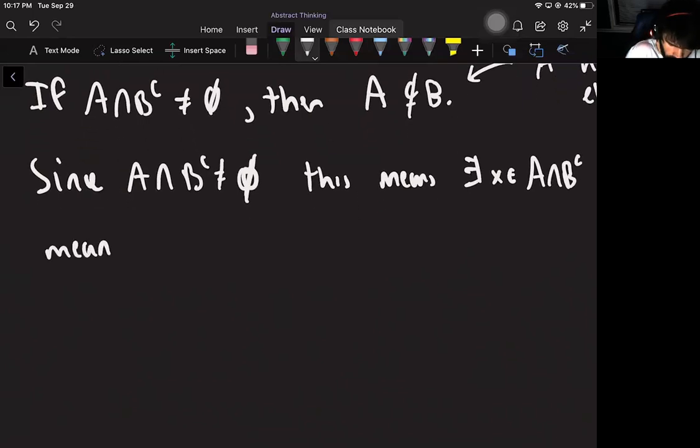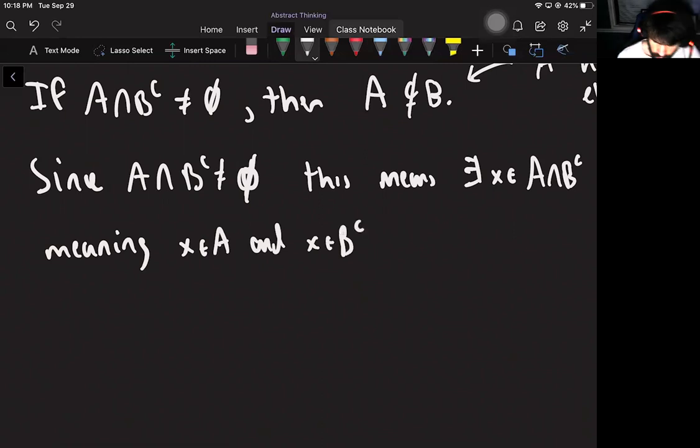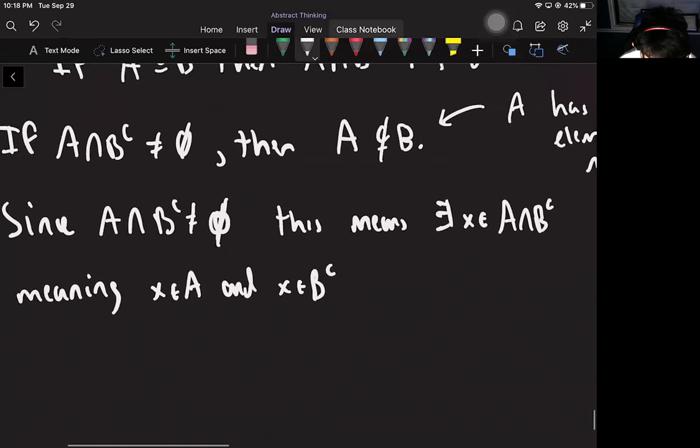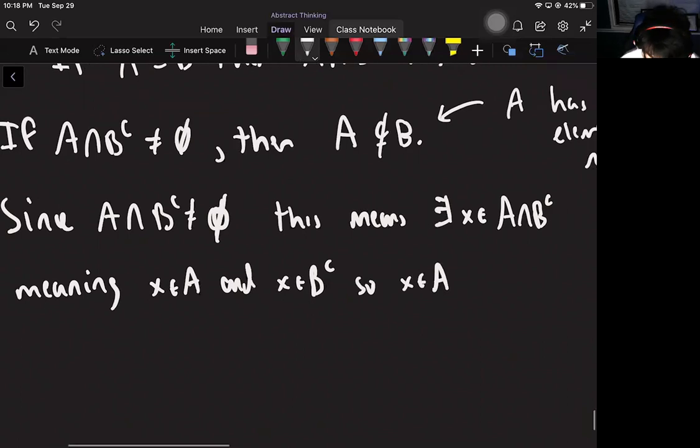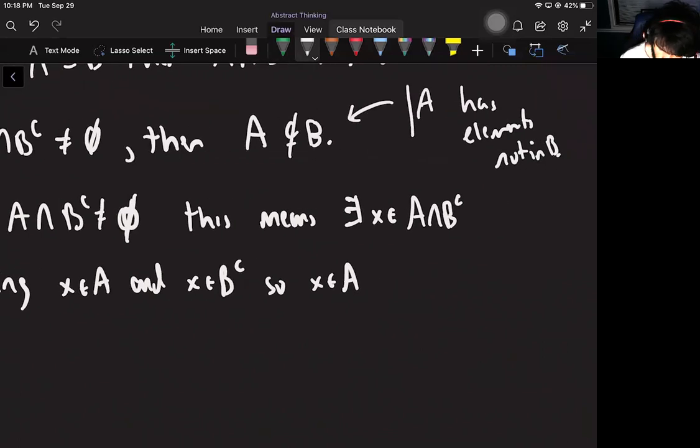And since it's in an intersection, that means it's in both. And so what does this mean? Actually, this is exactly what we want. So x is in A, but guess what?